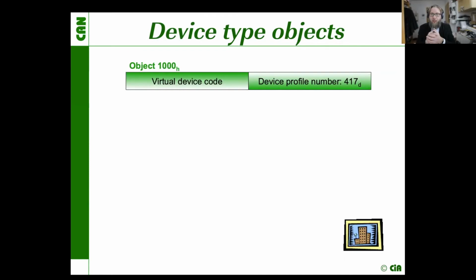Object 1000 indicates to us that this is a physical device dedicated to lift applications, by reading the lower 16 bits of the 32-bit value, and the lower 16 bits read 417. That indicates CiA specification 417. And yeah, I read the title, and then I know it's a device for lift applications.